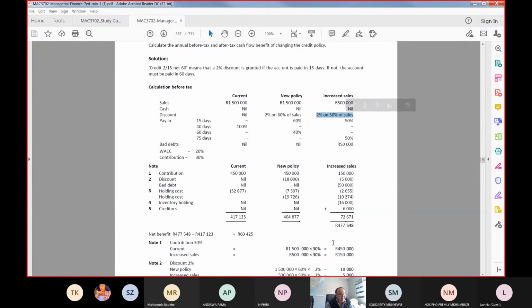At the end of the day, this is what I want to pinpoint for you. The income received from the current policy is higher using that method, but the new policy is a lower amount. But because you're giving credit and forcing people to pay on a discount, you actually increase sales.